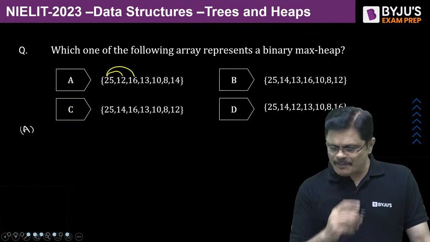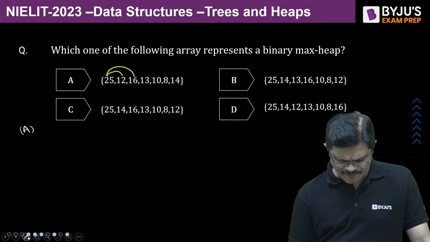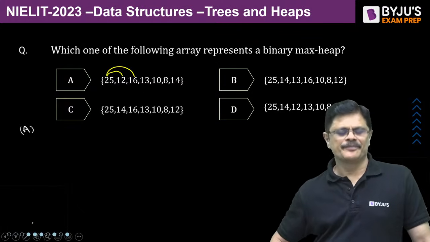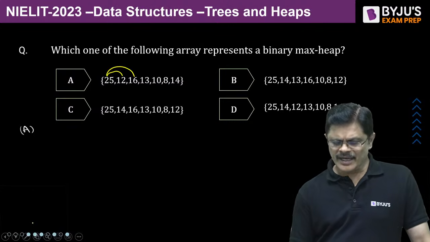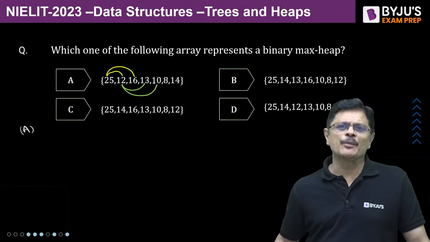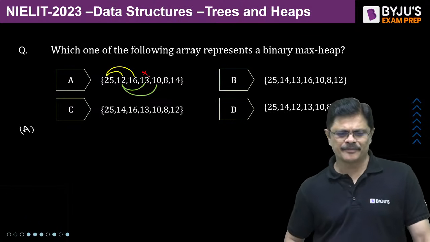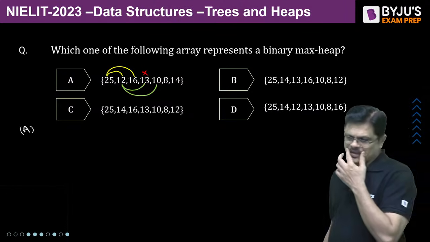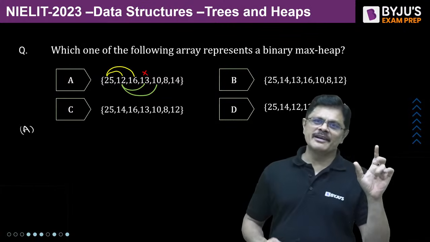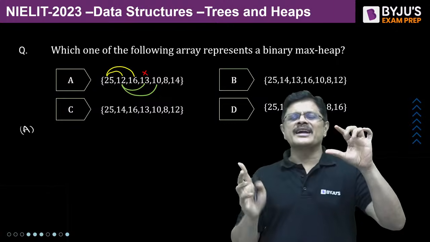Max heap means this 25 should be larger than both of these. Satisfied. Next 12, you start with the next two nodes, 13 and 10. 12 should be larger than both, but it fails. 12 is not larger than 13, you stop there. Therefore, it is not a max heap. See, any node should be larger than both its left and right child.